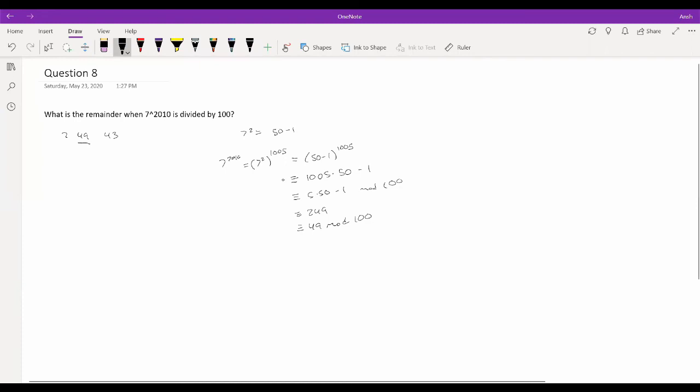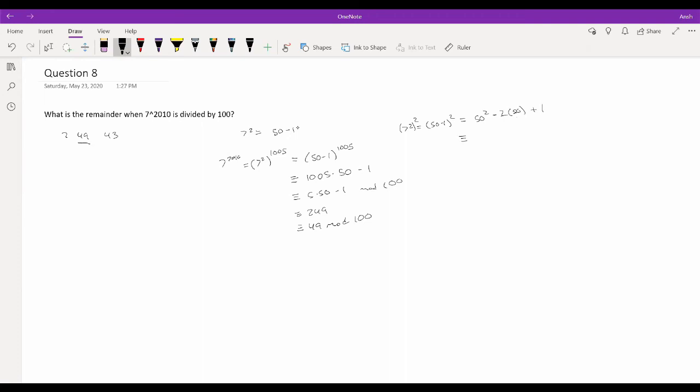An alternative solution to this would be, after noticing that 7 squared is 50 minus 1, you can square that again. Since 50 is exactly half of 100, 50 minus 1 squared becomes 50 squared minus 2 times 50, which is 100, which conveniently is 0 mod 100, plus 1.